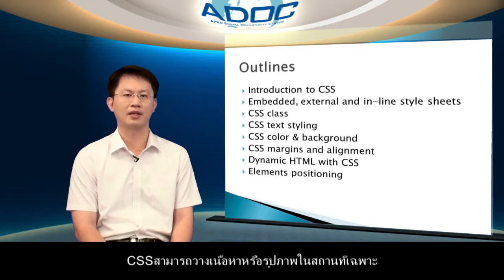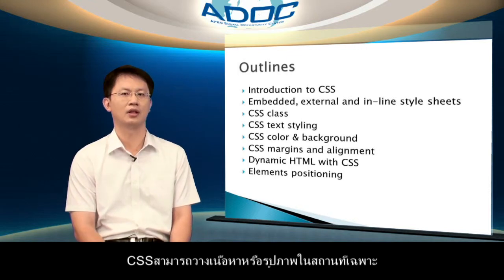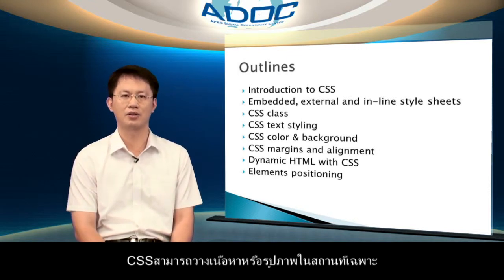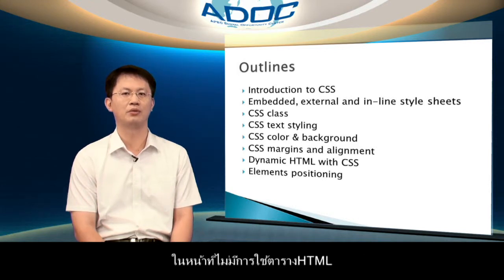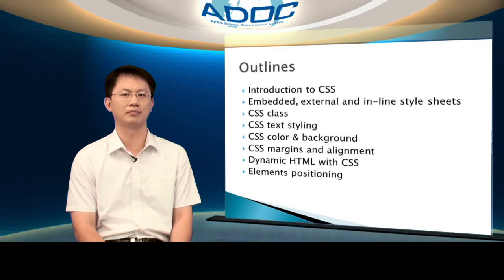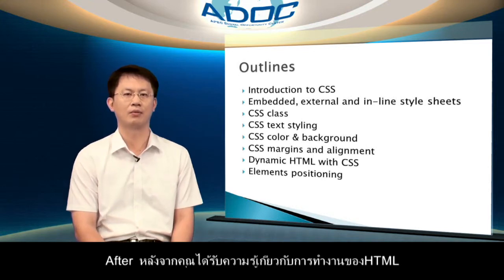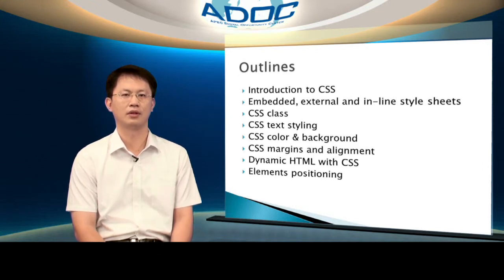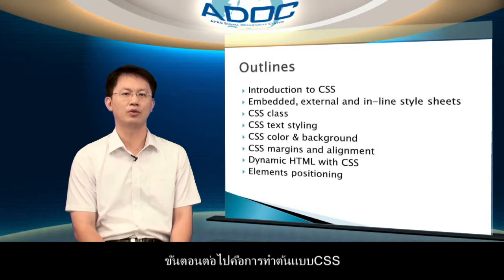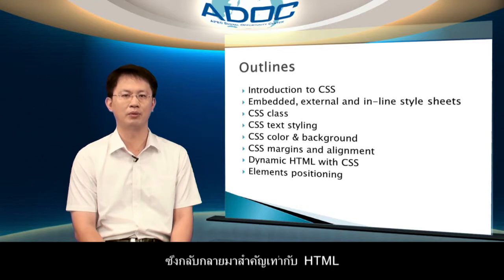CSS can place text or images at specific locations in the page without having to use HTML tables. And after you get the working knowledge of HTML, the next step is to master CSS, which is becoming as important as HTML.